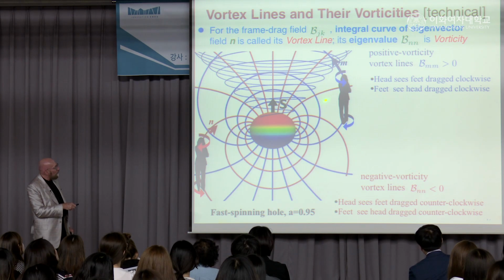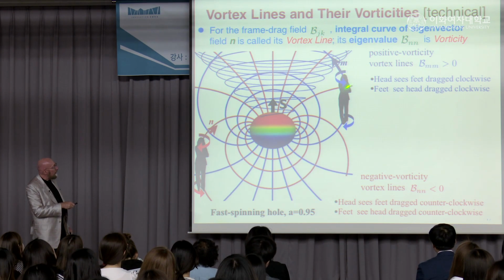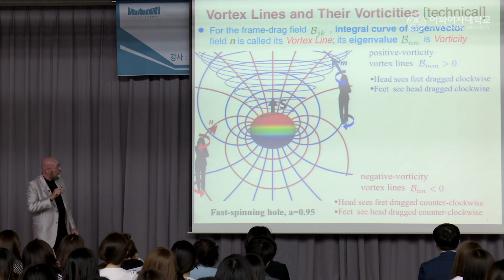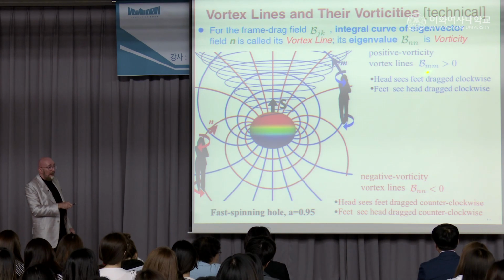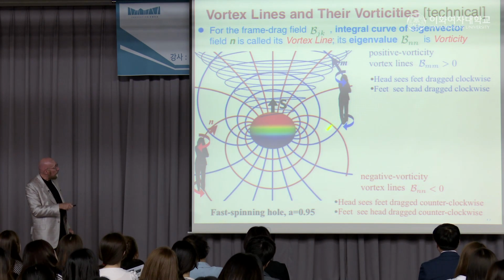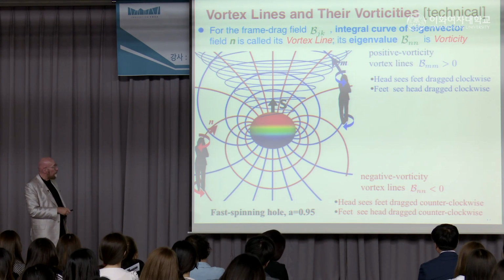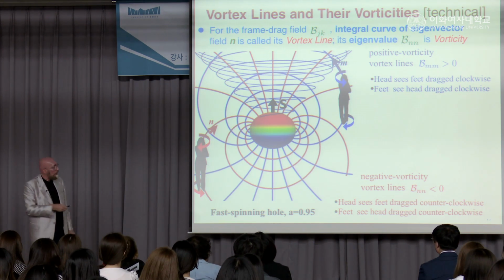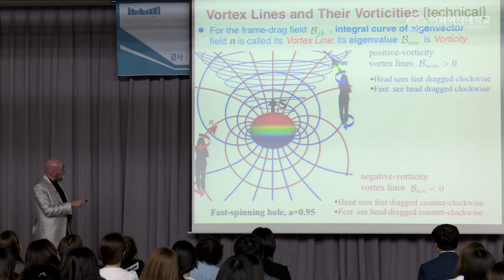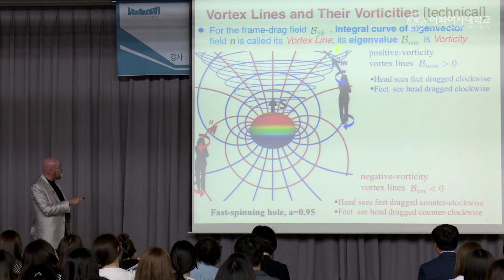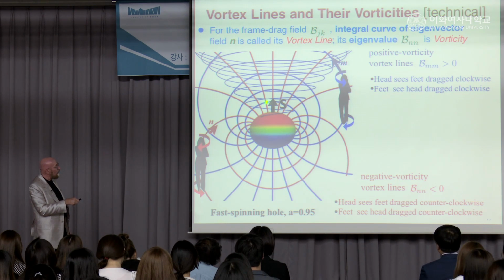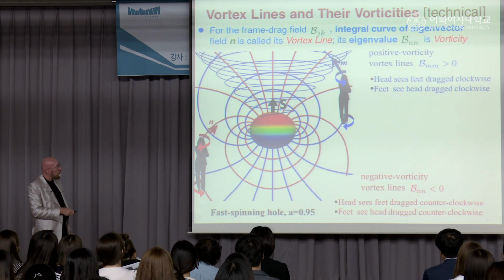The ratio of the angular velocity that is seen divided by her height, again, is a number, and it is this vorticity, the eigenvalue associated with this integral curve, with the eigenvectors that are parallel to that integral curve. And so everywhere we have a vorticity. Along this direction, she is twisted in a clockwise manner. Along that direction, she's twisted in a counterclockwise manner. The red lines are counterclockwise twist, and the blue lines are clockwise twist.